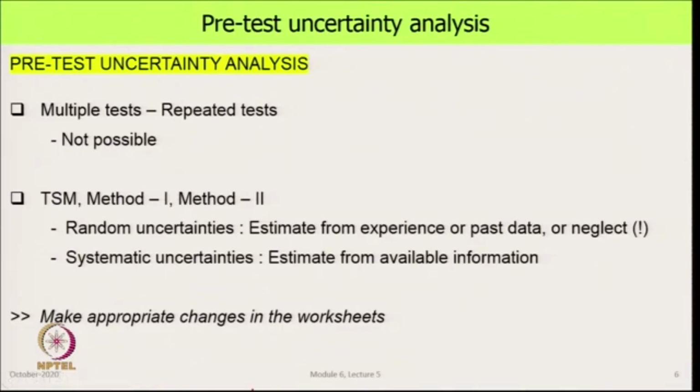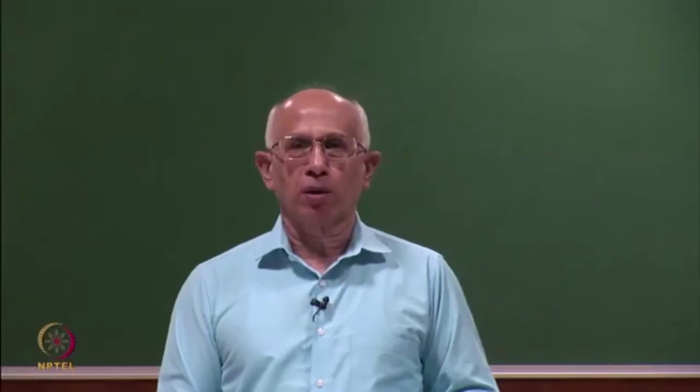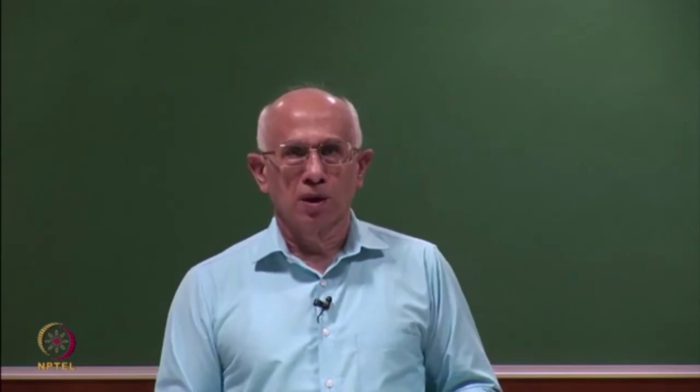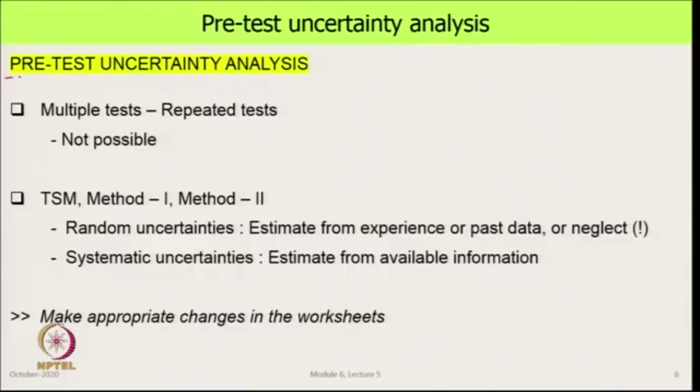Now, we did the post-test uncertainty analysis, and everything we did was fully applicable for the post-test scenario. The question now is, which part of that will I have to skip or miss or modify to do the pre-test uncertainty analysis? The reason is simply we have not done the experiments, xi are not known, we have no idea of repeating any test. So, that option is also gone.